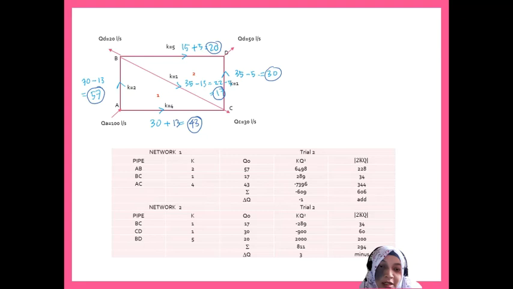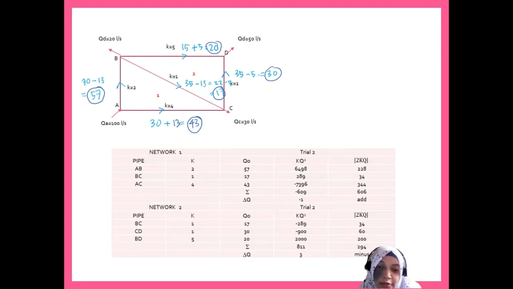And for trial 2, you have to calculate the number of KQ squared and 2 times K times absolute Q. So you have delta Q, negative 1 and 3.